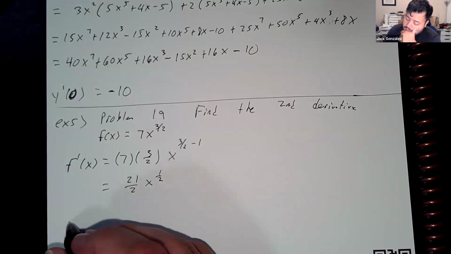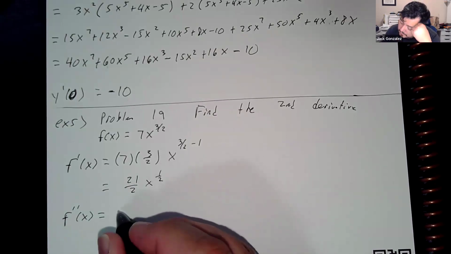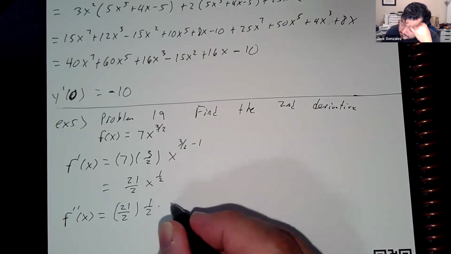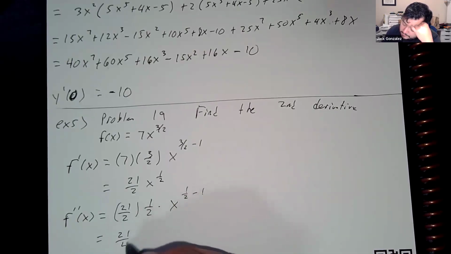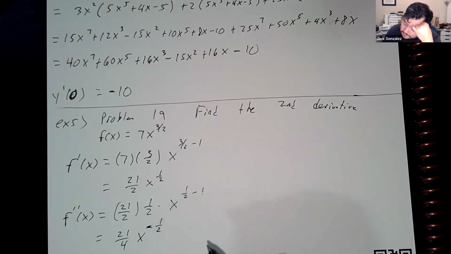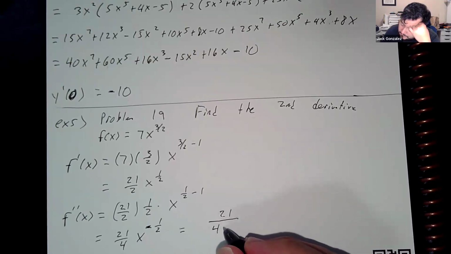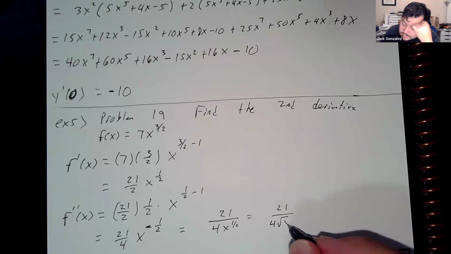Now one more time, a second derivative. So you would take what you just got and do it again. You'll bring down the half, subtract 1. We get 21/4 x to the negative 1/2. Which is going to be 21 over 4x to the 1/2, which is the same as 21 over 4 square root x.